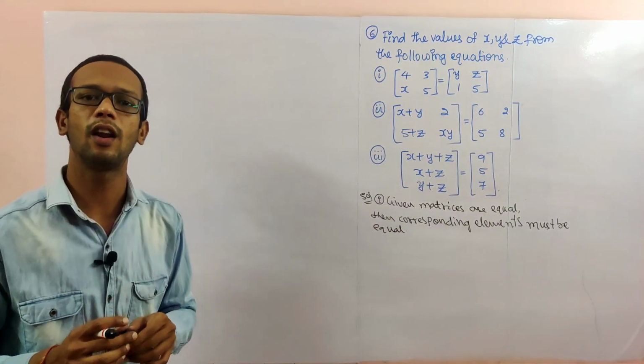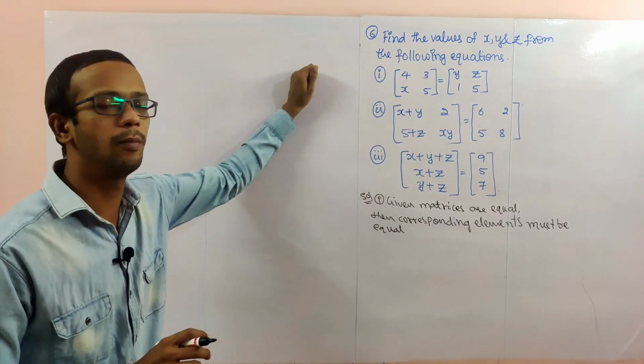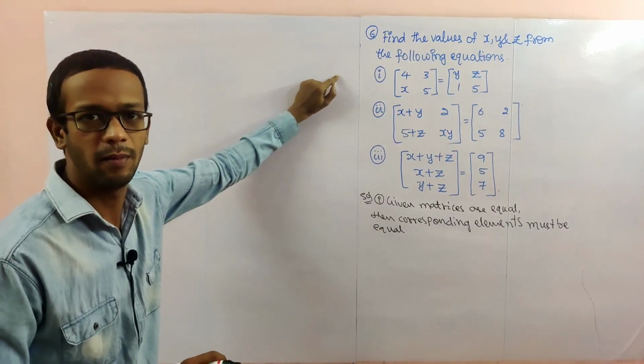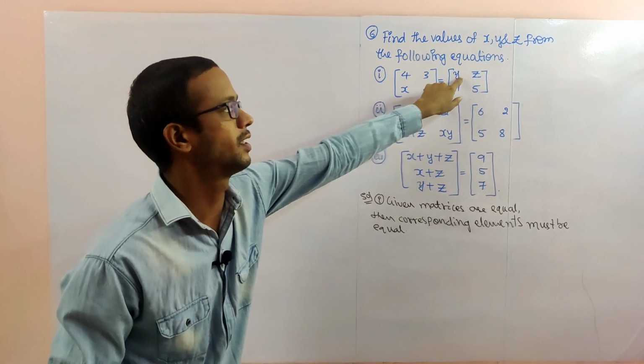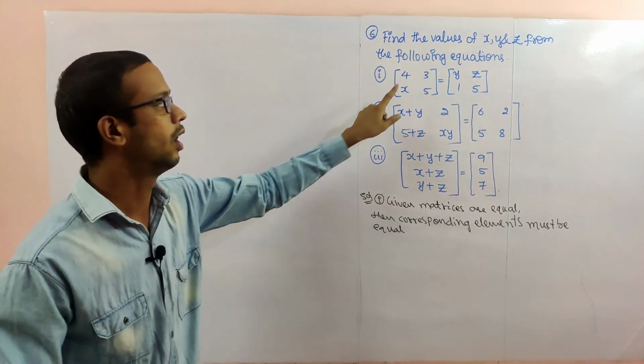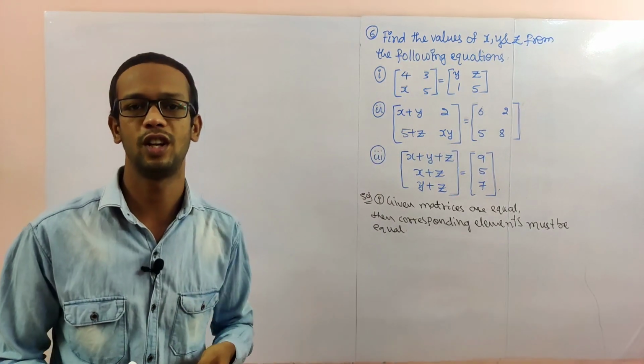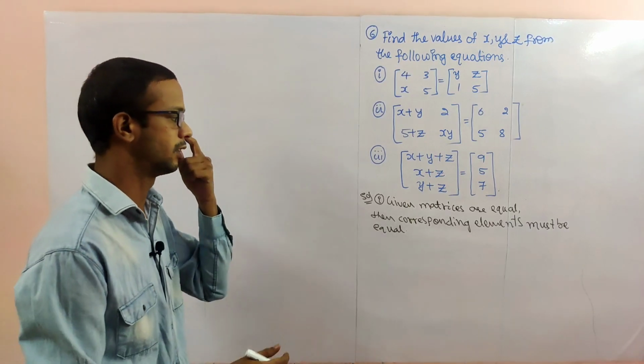What is the meaning of corresponding elements? Corresponding elements means first row first element, here first element, here also first element, compulsorily equal. Corresponding means same position elements.